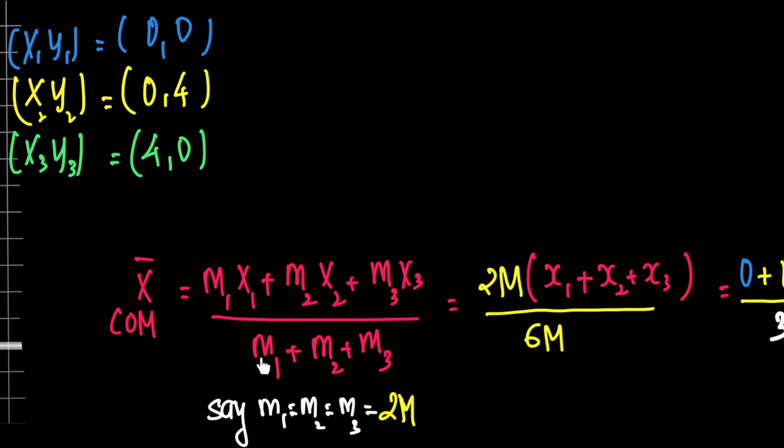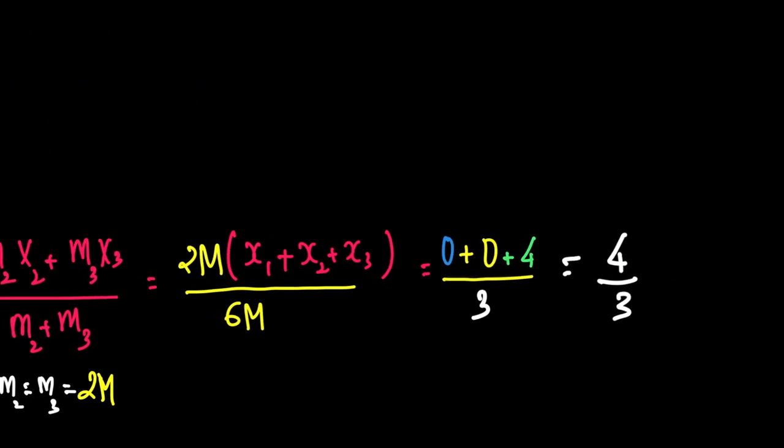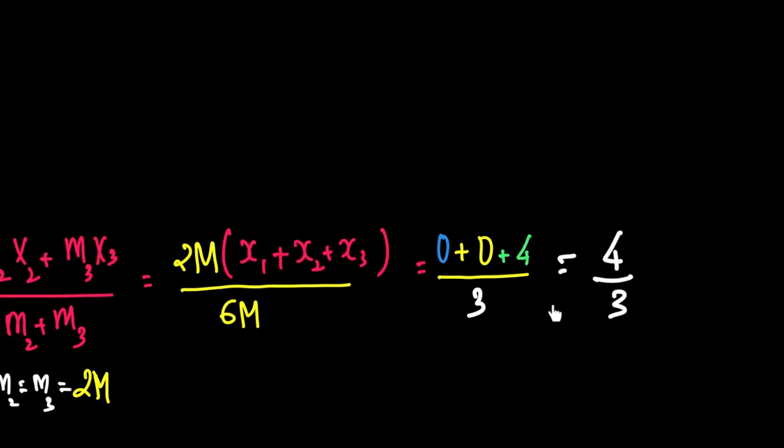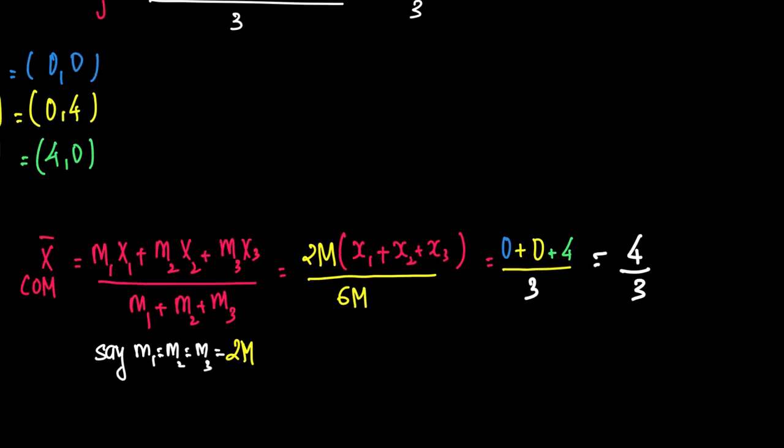The denominator becomes 2m plus 2m plus 2m is equal to 6m. x1 is equal to 0, x2 is equal to 0, and x3 is equal to 4, which means x bar becomes 0 plus 0 plus 4 by 3, right, we have 4 by 3.